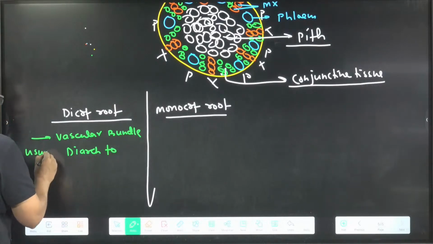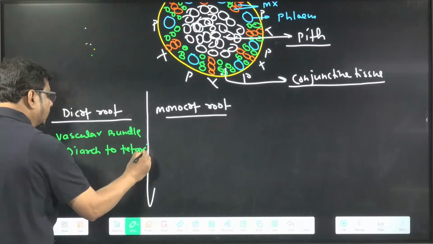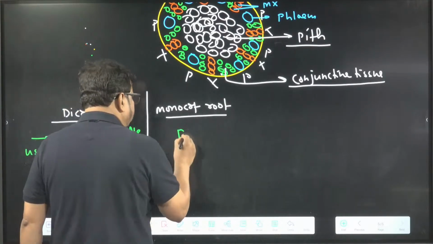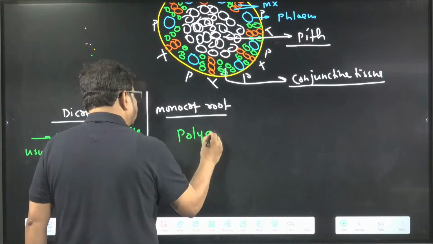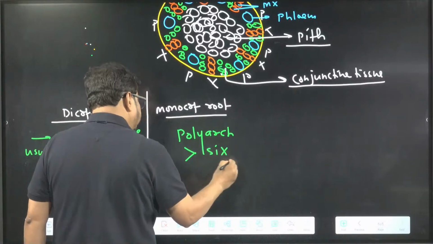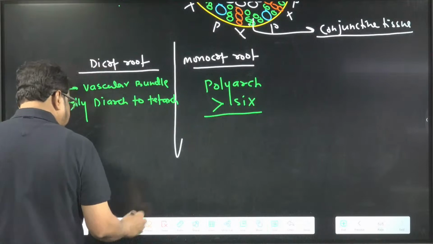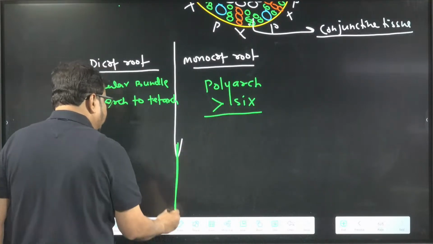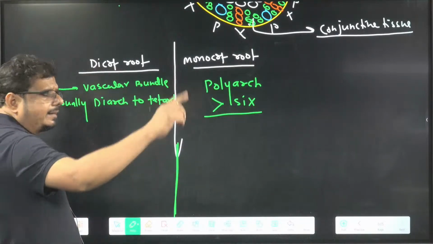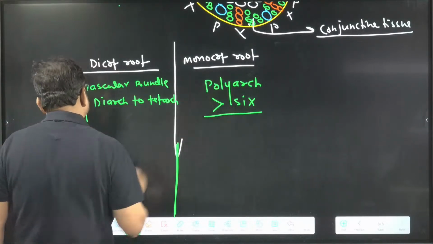Usually it is better to write diarch to tetrarch. Here it is polyarch, greater than 6. In some rare conditions up to 6 in dicot, but greater than 6 in monocot. The xylem and phloem number is more than 6.